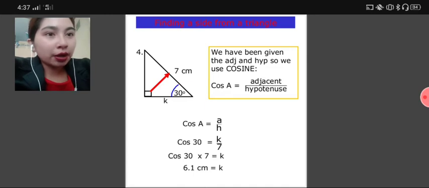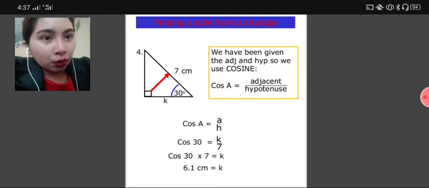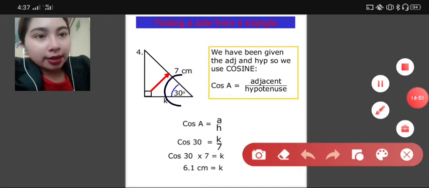So, dito naman tayo, finding a side from a triangle. Hindi siya number yung given dito, sa adjacent, letter siya. We have been given the adjacent and hypotenuse, so we use cosine. Cosine adjacent over hypotenuse. So, yung angle natin is 30 degree.